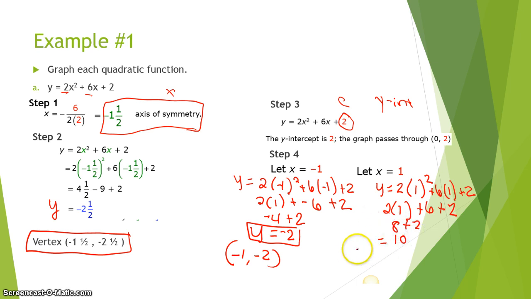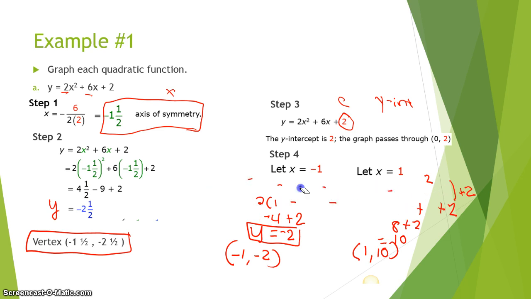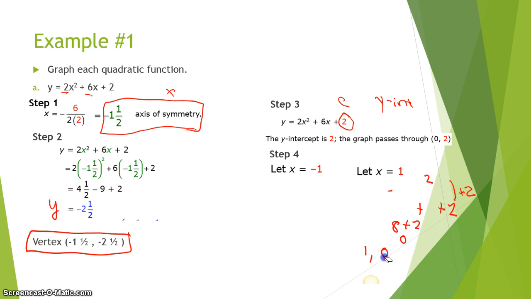So my second ordered pair that I can put on here is 1, 10. So this is just picking 2 additional points to graph. And when I'm done, let me erase this so you can see what the graph is going to look like. I then can graph my parabola.